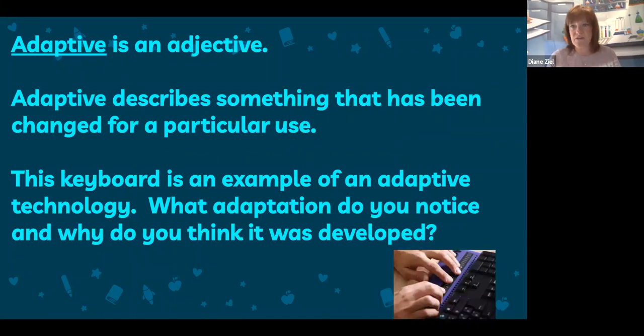Adaptive. Adaptive is also an adjective. Adaptive describes something that has been changed for a particular use. For example, this keyboard is an example of adaptive technology. What adaptation do you notice with that keyboard and why do you think it was developed?